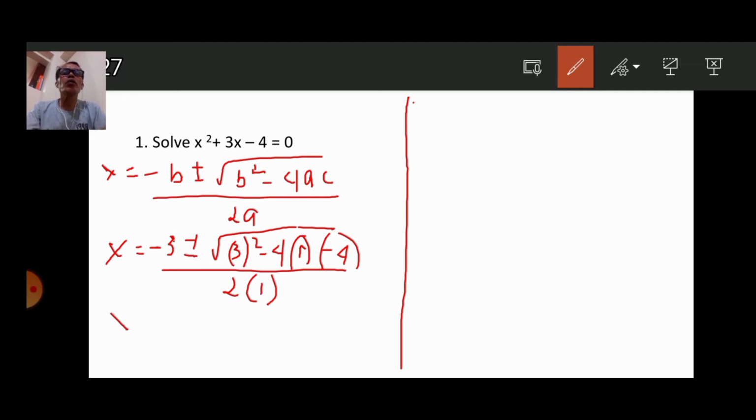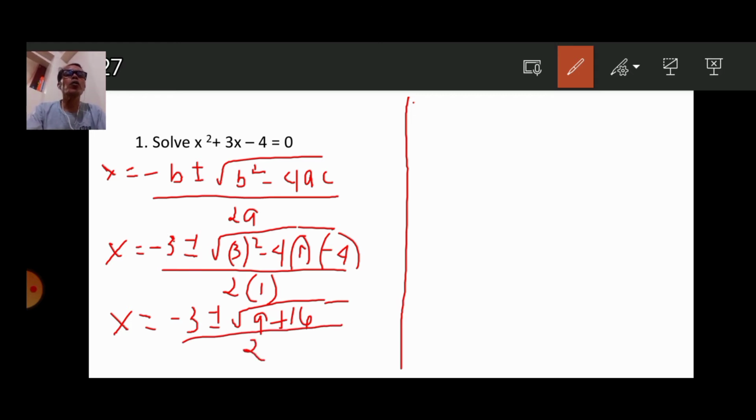So you will now have x is equal to negative 3 plus minus the square root of 3 squared, which is 9. Then negative 4 times 1 is negative 4, times negative 4 is positive 16, all over 2 times 1 is 2.